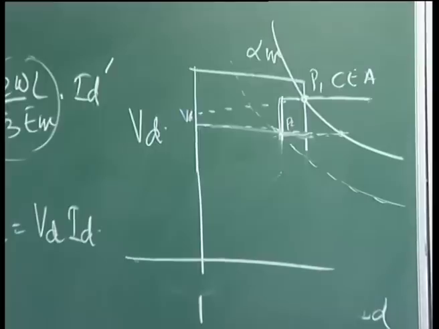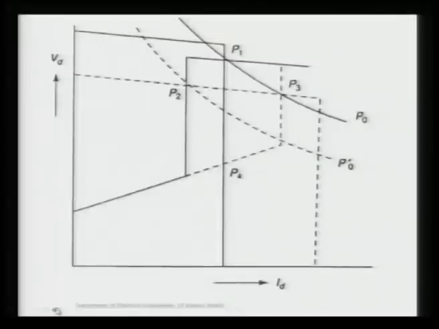See this graph, which I have already drawn. This is your P1, the point of operation as I said. Now, due to the change here, the inverter is taking the constant current, this is your CC, this is your CEA, and this was the CC of the inverter. This was the CC for your rectifier.